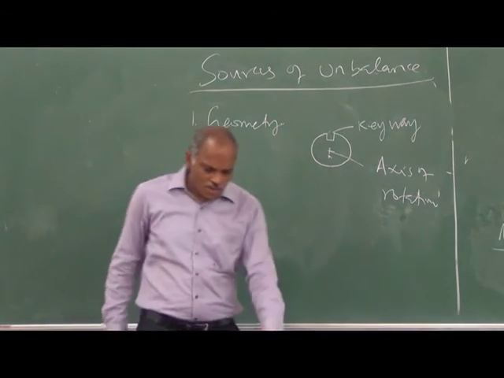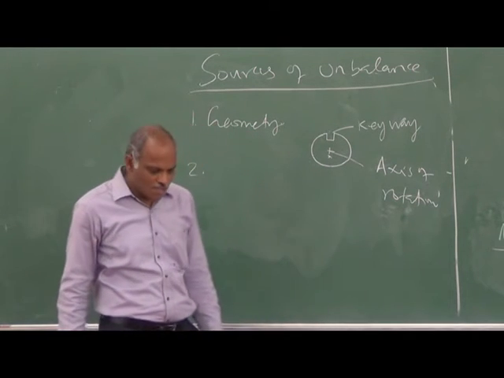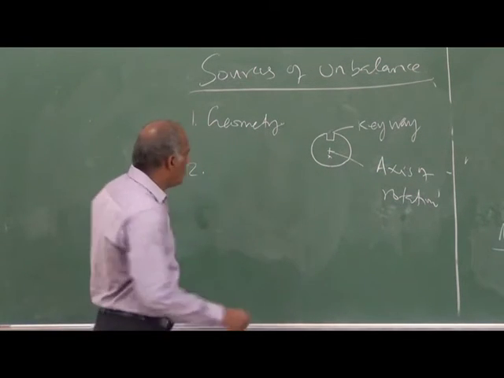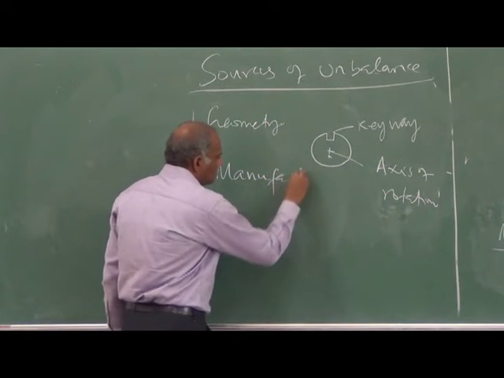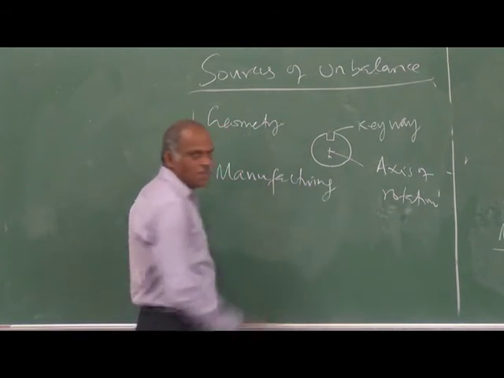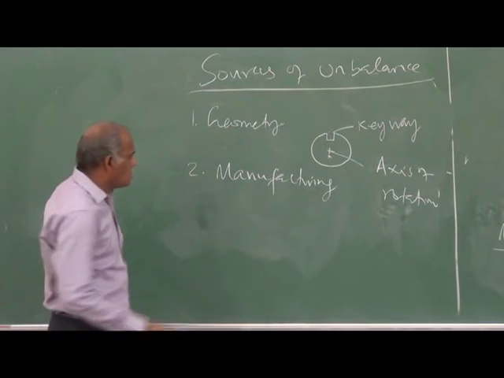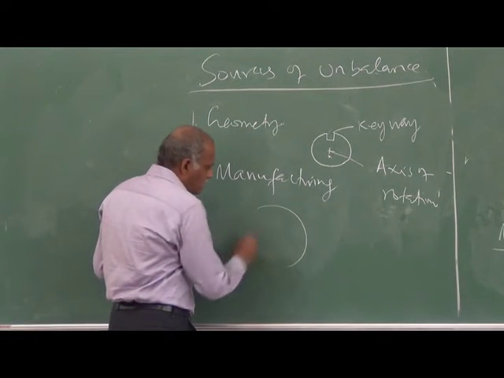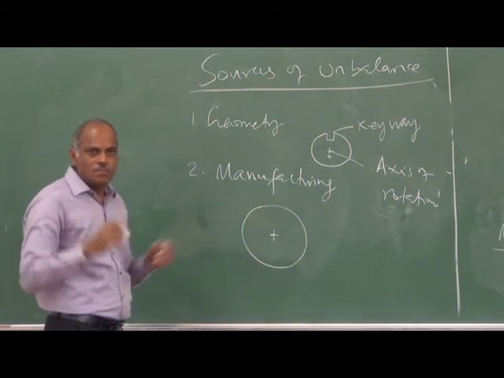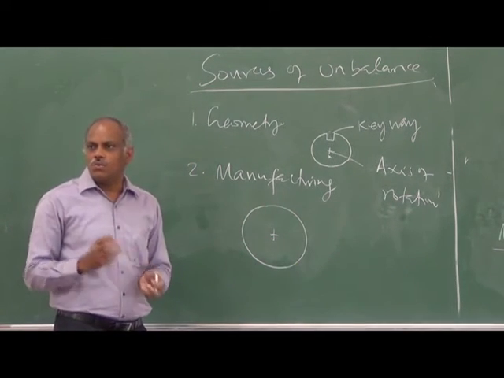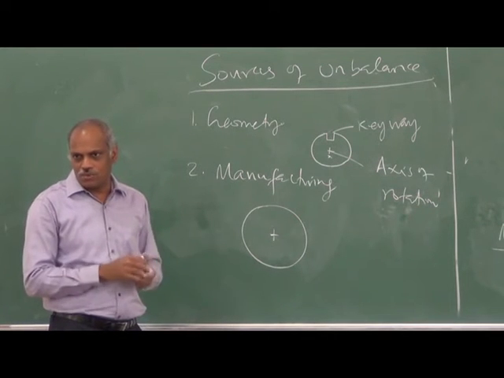Number 2, another situation is in manufacturing, where the unbalance may be created. Suppose you have a rotating disc or rotating rotor, and you are using a casting process to manufacture it.